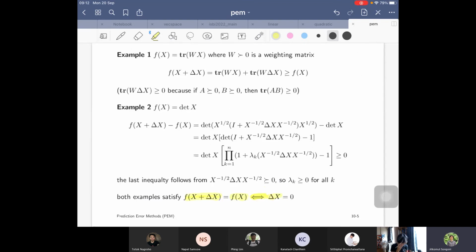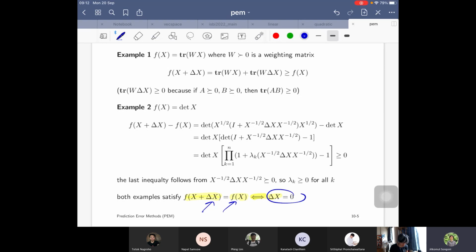You want a loss function whose values can be equal in only one situation, which is when the perturbation is 0 itself.